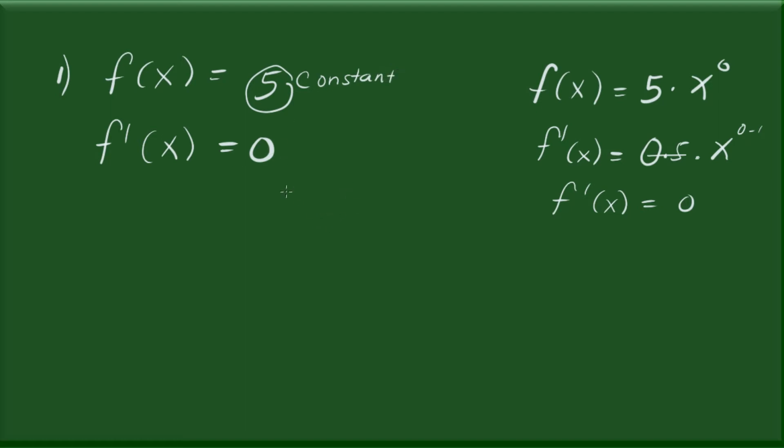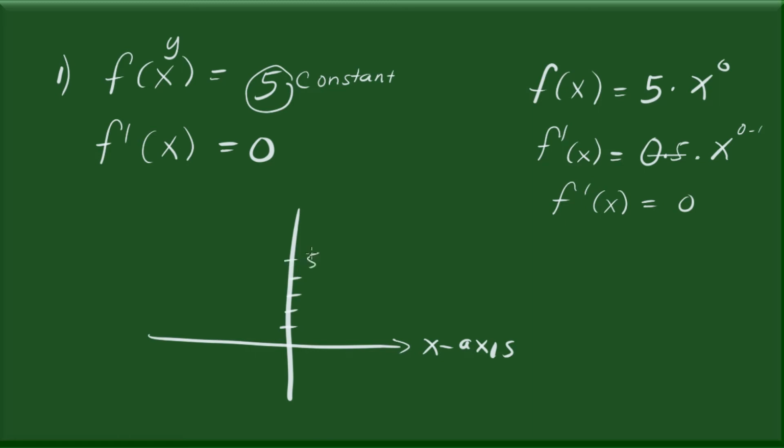So always remember, if the function is a constant function, its derivative is 0. Another explanation that will help you remember that the derivative of a constant is 0 is by remembering the graph of y equals 5. Okay, so when you graph y equals 5, so this being our x-axis, it's a horizontal line through 5 on your y-axis.